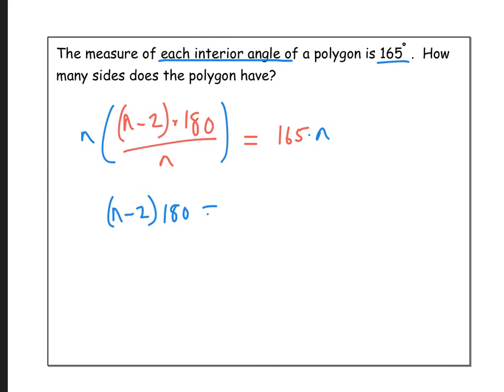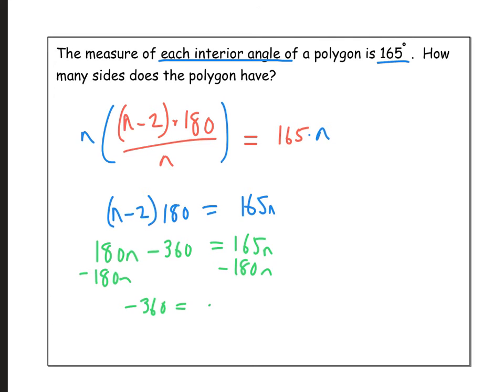So (n minus 2) times 180 is going to equal 165n. And now we can go ahead and try and solve this. On the left side, let's distribute the 180. So 180n minus 360 equals 165n. Then we could subtract the 180n from both sides and get negative 360 equals negative 15n.